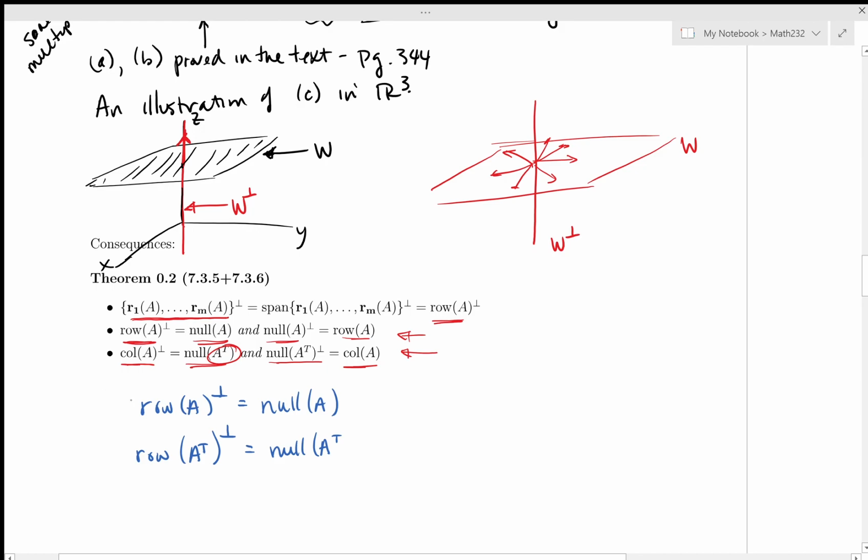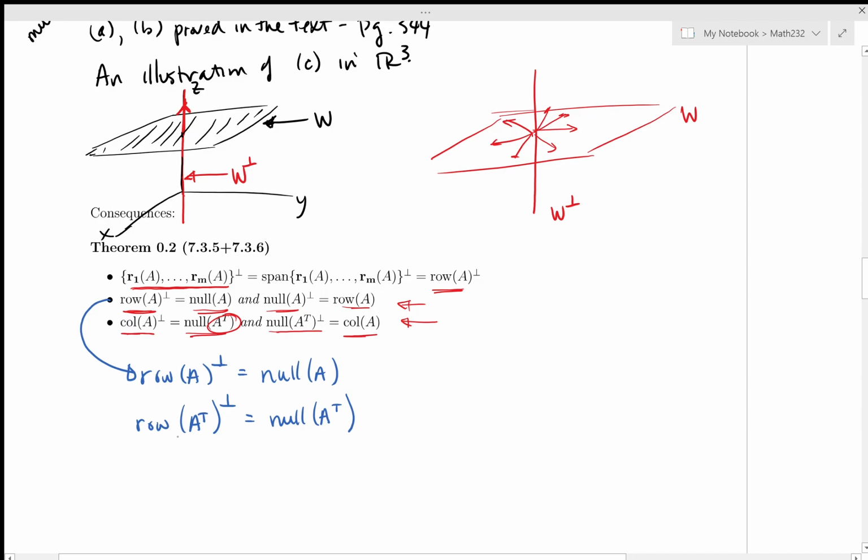Then I'm like, oh, what is the row space of the transpose? That is actually the column space of the original matrix. So now the orthogonal complement of the column space of A is the null space of A transpose, and I leave that side alone. I started here with that one, and I have ended up here with this one. So I don't have to remember all of them. One comes from the other right away.